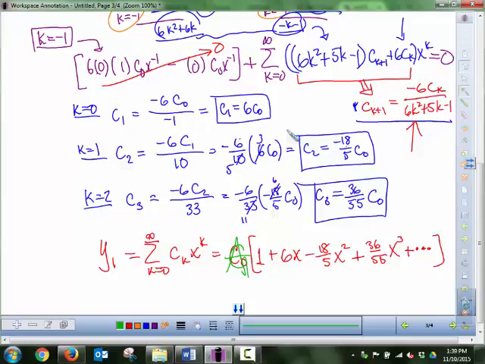In general, I tend to use a's, like a sub 1, a sub 2, a sub 3, but they use c's. That's just an arbitrary constant. It turns out that all the coefficients of the power series are related to that one arbitrary constant. So we take that one arbitrary constant out, and then we can change it to whatever we want.